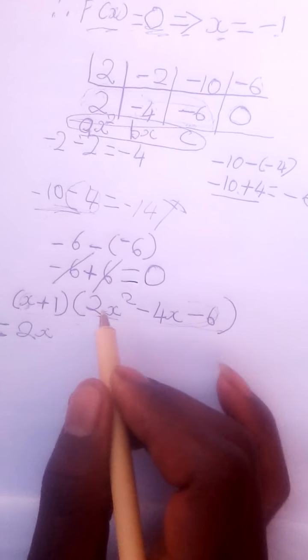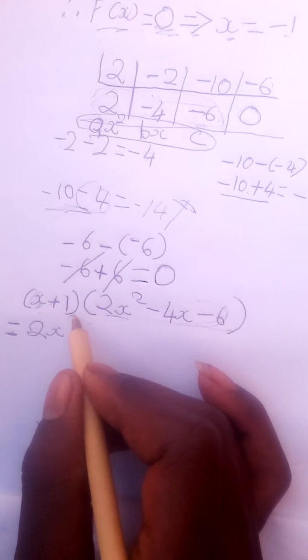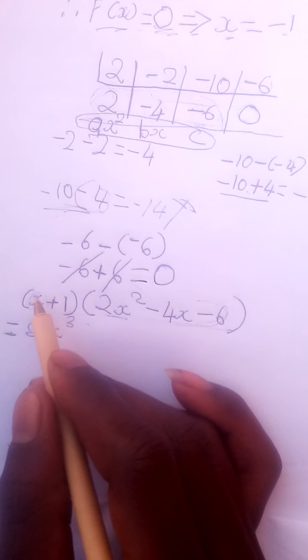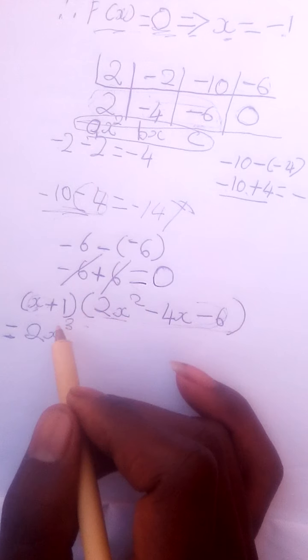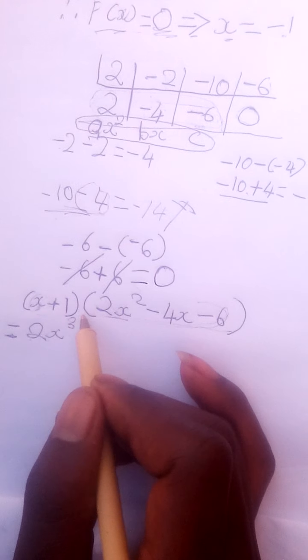Then I will be saying x multiplied by 2x squared is going to be 2x cubed, because we know that when we multiply the same bases we only add their exponents. That is where we have 2x cubed.